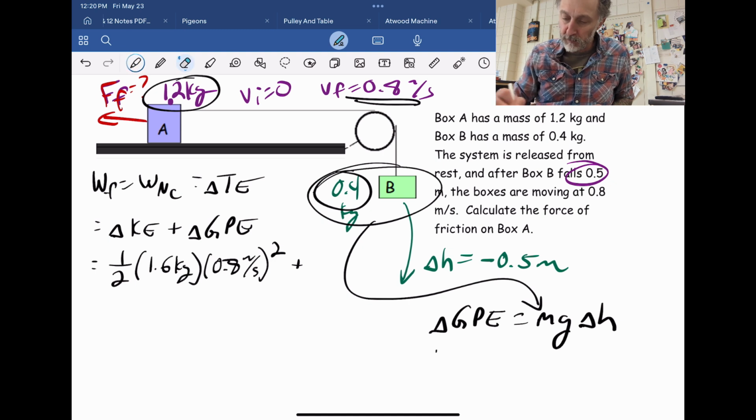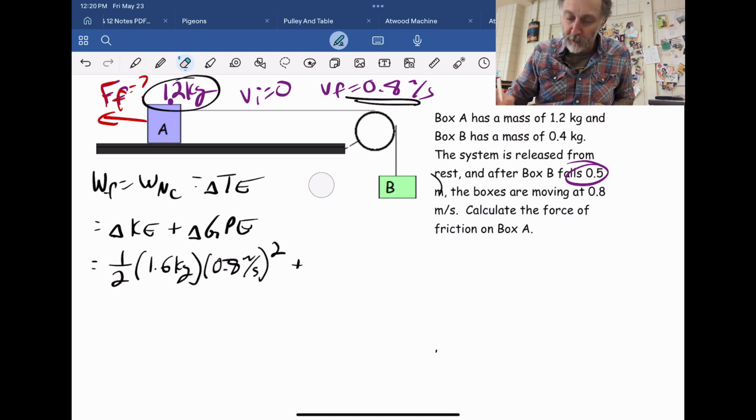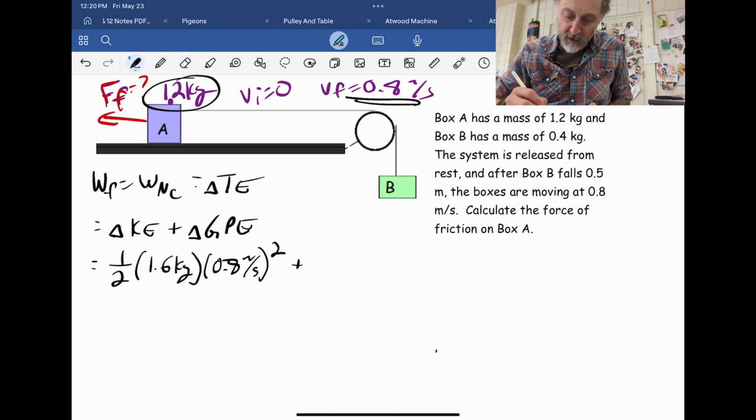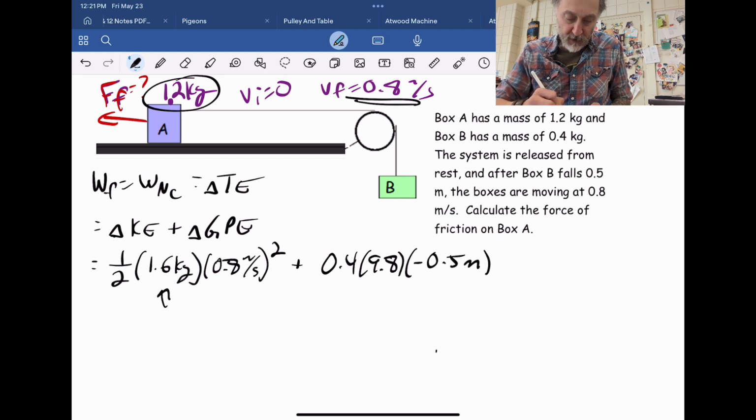So we're going to do times the mass, 0.4, times 9.8, times my change in height, which is negative 0.5 meters. Make a note, this is total mass, this is just mass B, okay?